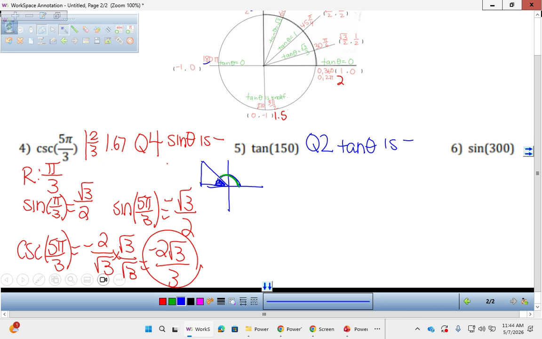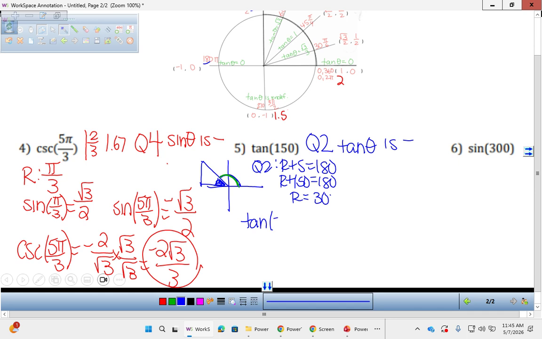The quadrant 2 rule says that my reference angle plus my standard angle equals 180. And reference angles are small, standard angles are big, so I have a standard angle. And if I subtract 150 from 180, I get my reference angle is 30 degrees. So I'm going to refer to 30 degrees when I do this one.